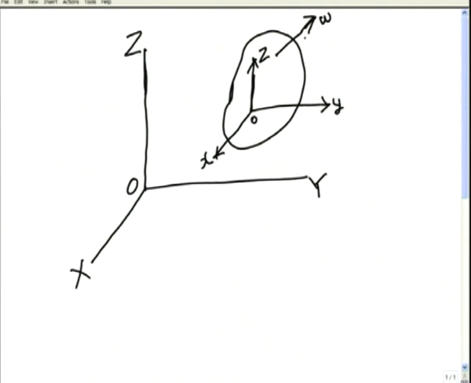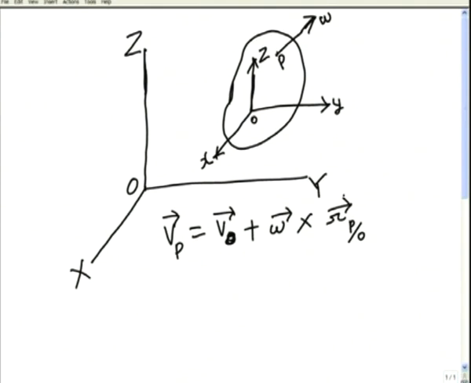Then the velocity of a point P with respect to O may be written as Vp is equal to Vo plus omega cross R PO, small o.